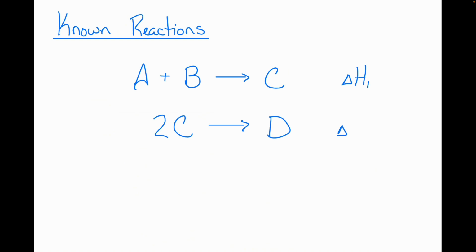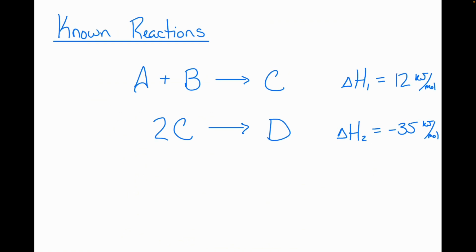Again, I know the delta H of these two reactions here. Again, let's put a number on it just so we have something to work with here. This one will be 12 kilojoules per mole, and the other one will be -35 kilojoules per mole.